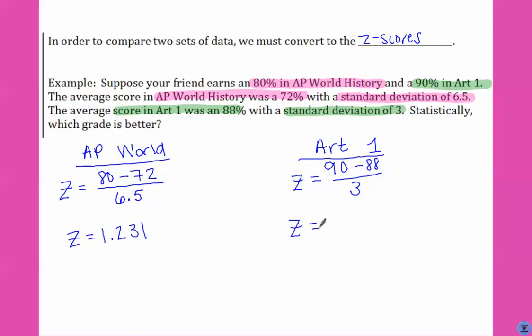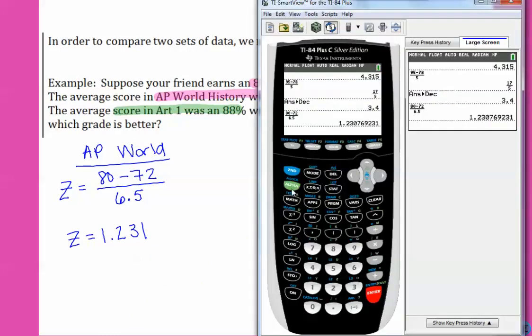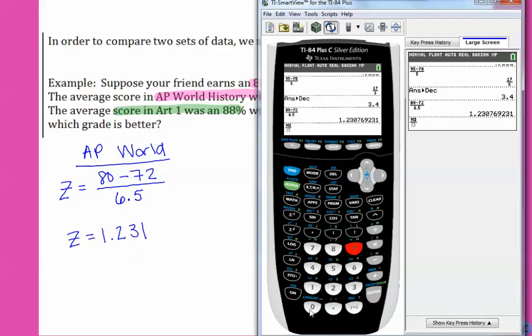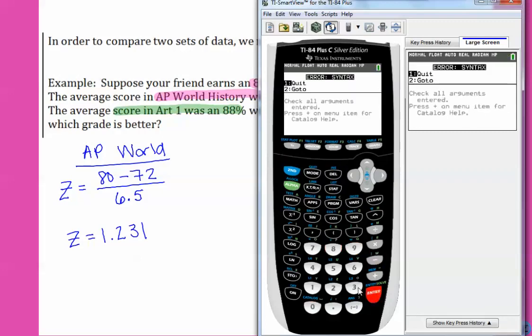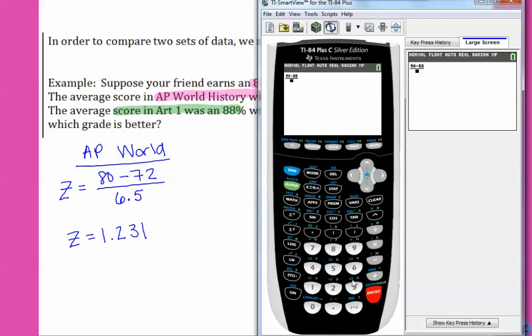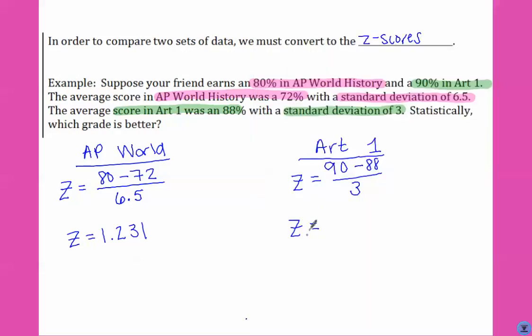Our z-score for Art 1, alpha, y equals, enter, 90 minus 88 over, forgot to arrow down, over 3 gives us 2/3, or as a decimal, it's 0.6 repeating, so equals 0.667.